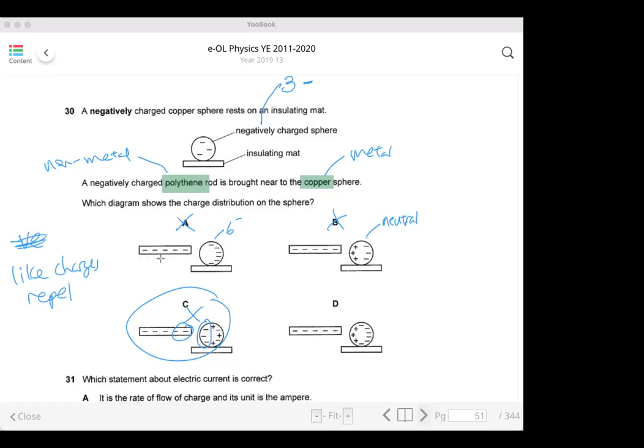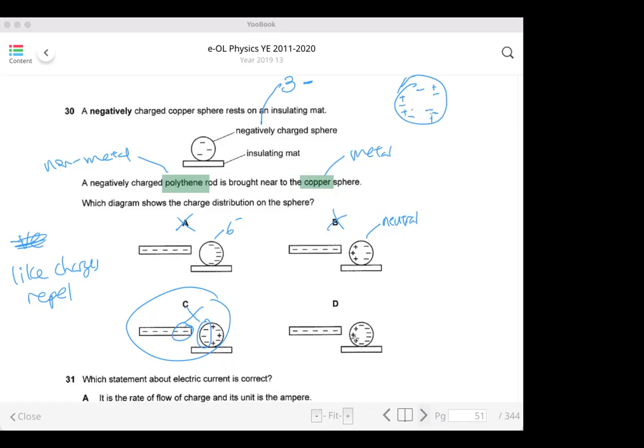So what this negatively charged rod does is, on the left side of the sphere, there are 3 negative, correct? There are also positive, negative, positive, negative, all over the sphere.